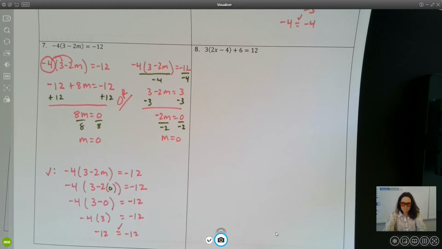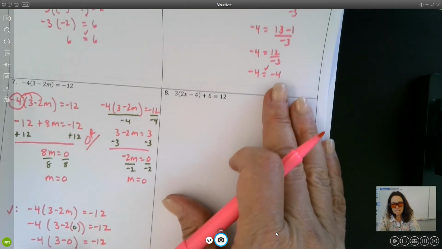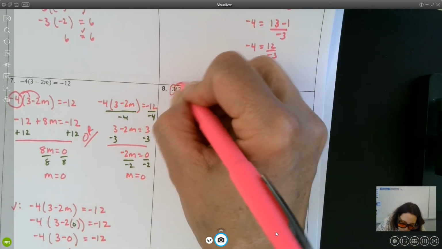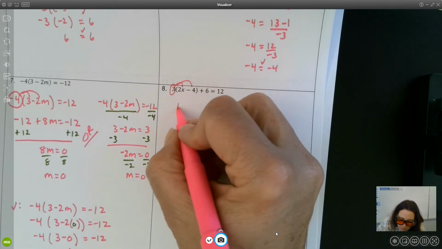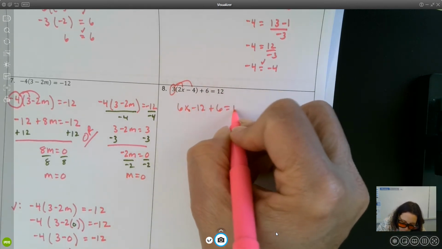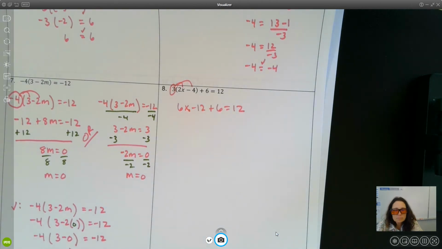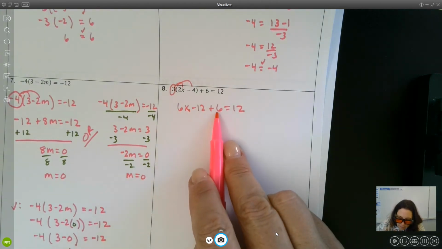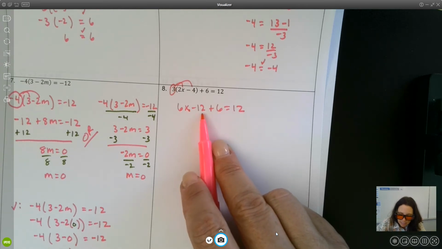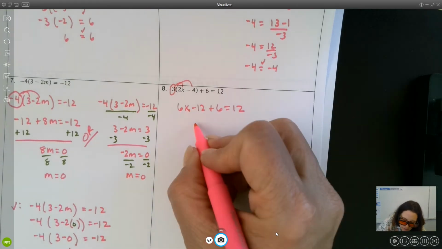All righty. This one, we're getting kind of bigger as we go here. So I'm going to go ahead and distribute this. 6x minus 12 plus 6 equal 12. Okay, I need to combine these two because they're on the left side of the equal sign together. Negative 12 plus 6.